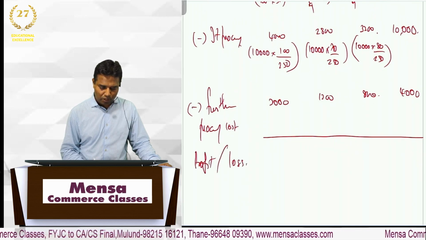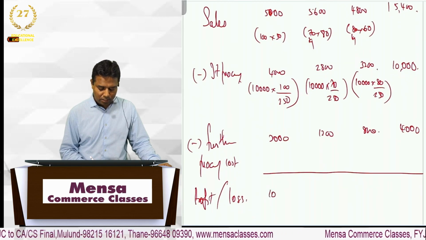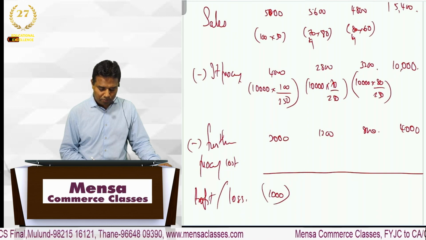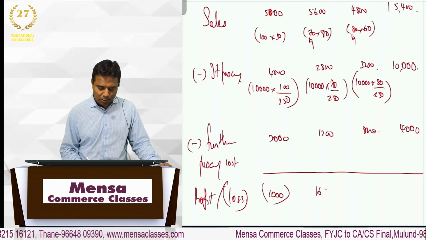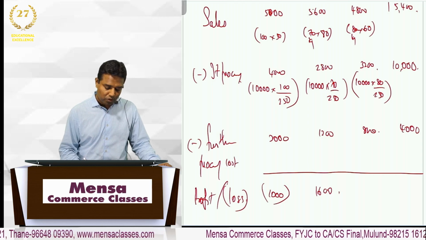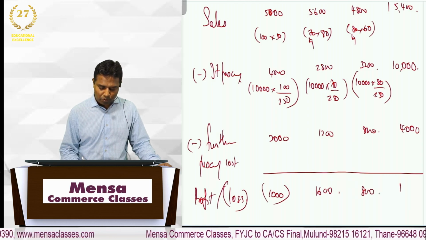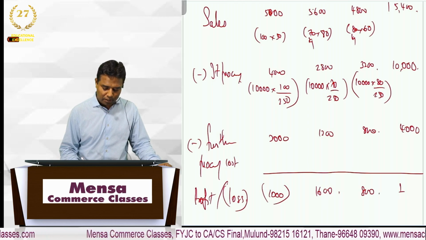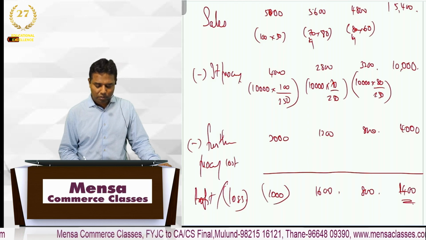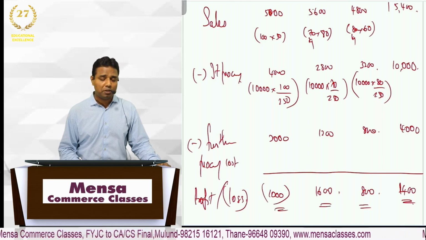Profit slash loss. So 5000 minus this is 1000 rupees loss. 5600 minus 4000, 1600 profit. 4800 minus this, 800 profit. So we'll have 1400 profit. Correct. So this is if I'm going to sell it after further processing.